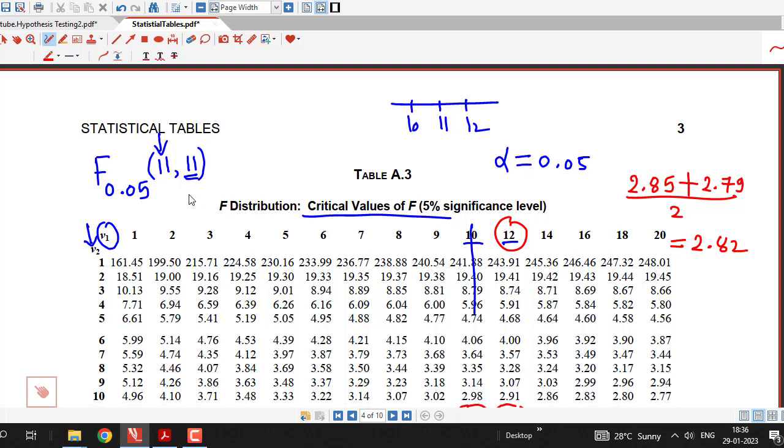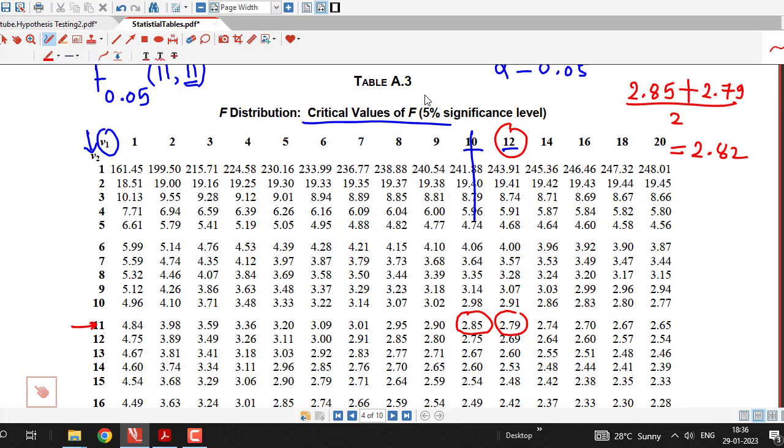So remember, whenever you do not have the corresponding numerator or denominator degrees of freedom, you can use the nearest values and then take the average of those two points. Here 11 is not there in the numerator degrees of freedom, so we take 10 and 12 and take the intersection with nu2 equal to 11, that is the denominator degrees of freedom.